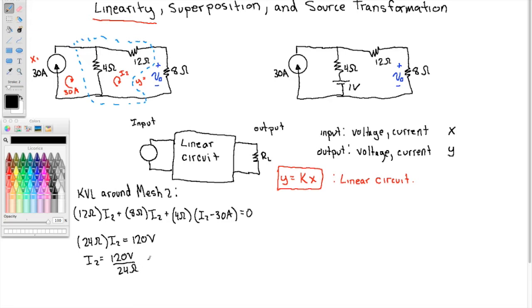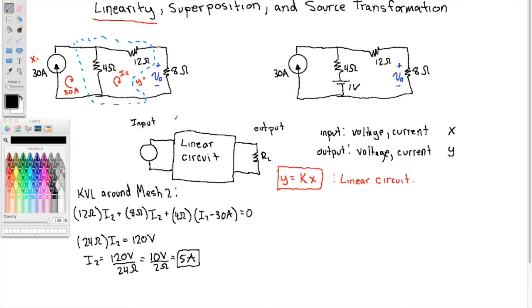Does that go in evenly? Yes, that's 5 amps. So I've got 5 amps swirling around there.